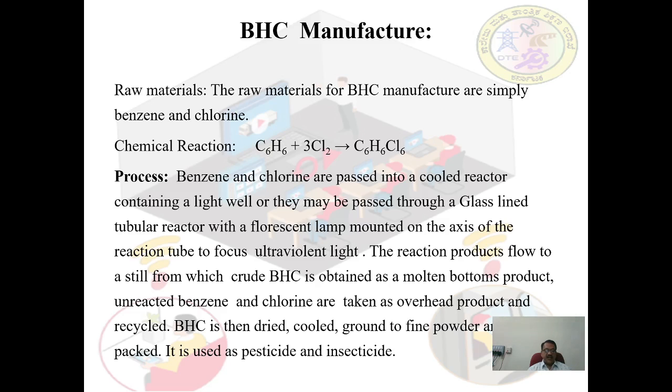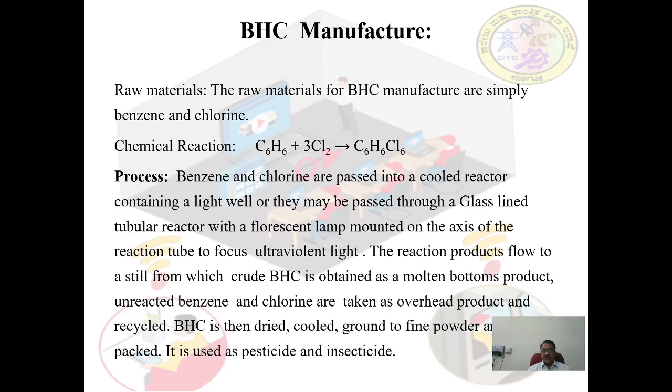Question number 3. DDT is produced at a temperature range of dash. Option A, 10 to 15 degrees Celsius. Option B, 15 to 30 degrees Celsius. Option C, 30 to 45 degrees Celsius.